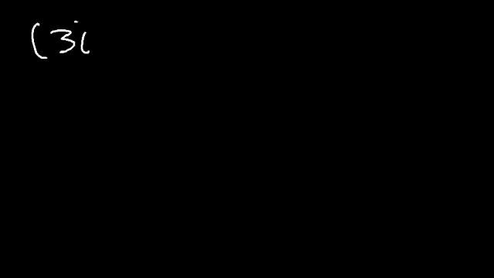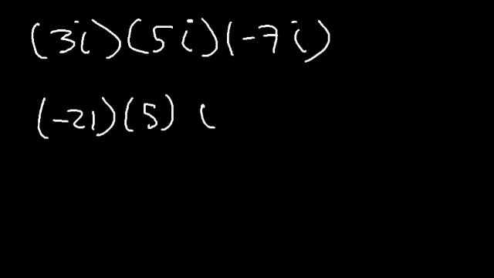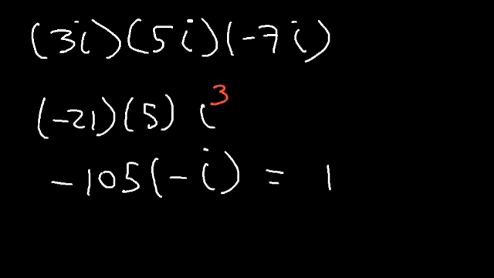What's 3i times 5i times negative 7i? So 3 times negative 7 is negative 21. And i times i times i is basically i to the third power. 21 times 5 is 105. And i to the third is negative i. So the final answer is positive 105 times i.